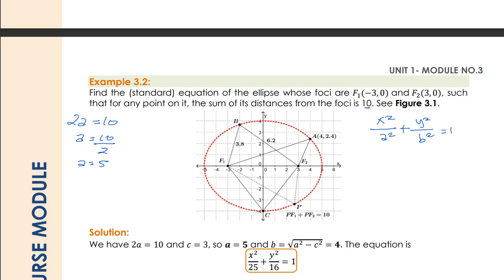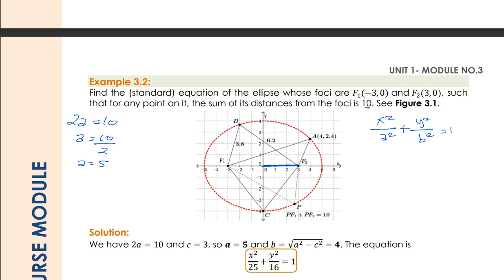What is b? We look to our given. The given foci are negative 3 and positive 3. The focus coordinate is the distance from the center going to that many units. So we have negative 3 and positive 3.